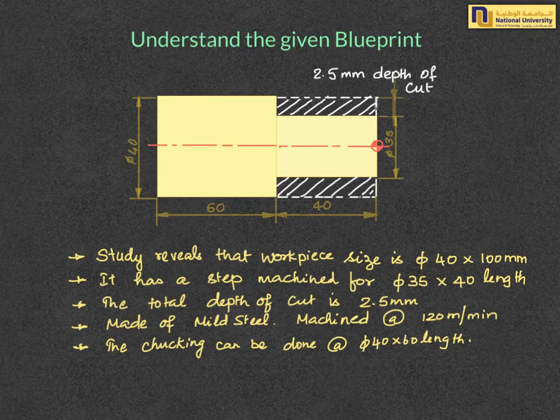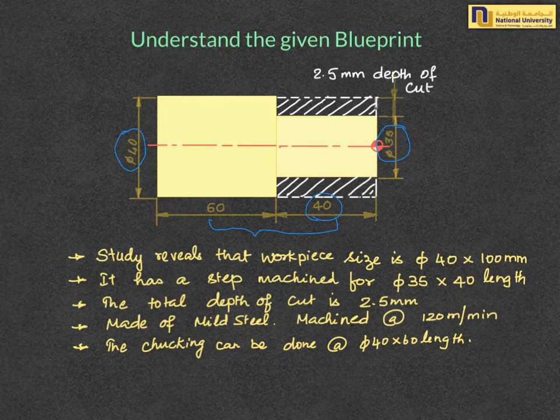Now let us understand the blueprint which is given. The study of the blueprint reveals that the overall size is 40 millimeter by 100 millimeter length overall, and this 40 millimeter is to be machined to 35 millimeter as a step for a length of 40 mm.